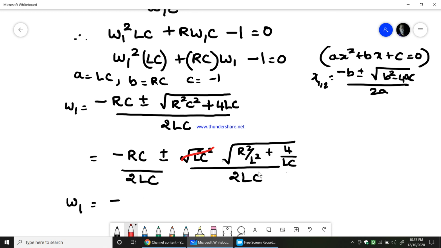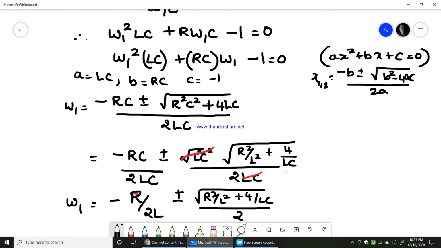This and this will get cancelled. So it is minus R by 2L, the C gets cancelled, plus or minus square root of R square by L square plus 4 by LC, the whole thing divided by 2.